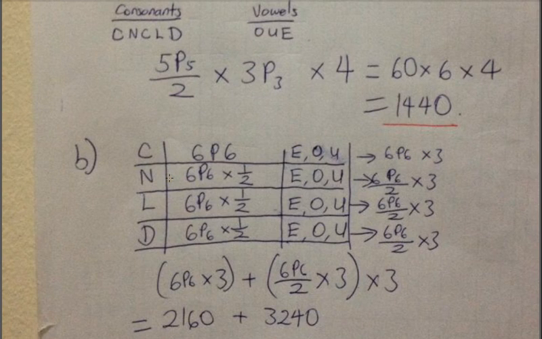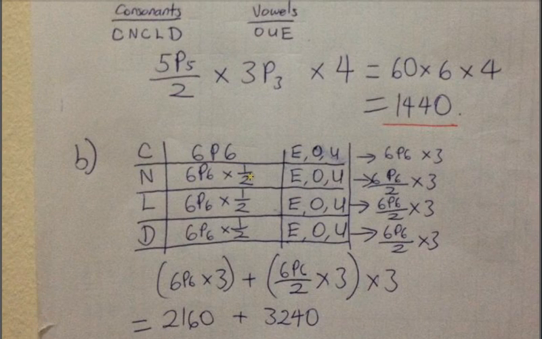Now, if we start with an N, or an L, or a D, we take 6 permutate 6 positions. However, we have to divide by 2 or multiply by half. That's because if we start with an N, L, or D, you notice that the letter C will be repeated. And therefore, we have to permutate it with 6 positions.